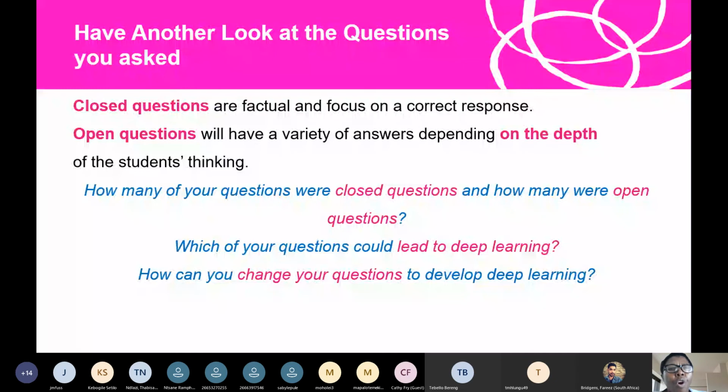Open questions always encourage the learners to think deeper about their answers and about their questions.